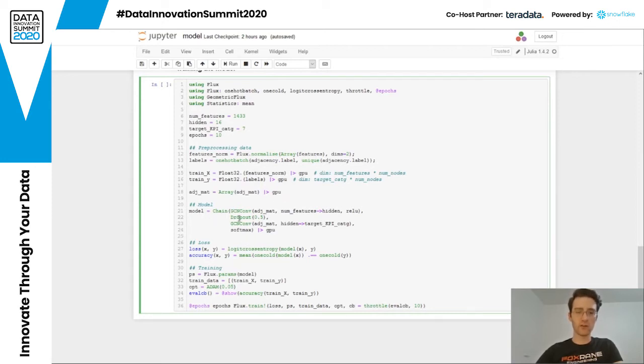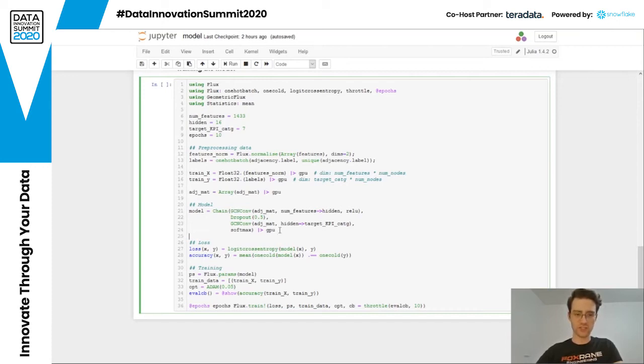And we will be defining the model. This model is very simple. It's not very deep. It's not very impressive. In any case, it consists of a couple of graph convolutional layers separated by a dropout layer and then a softmax on top, so that we can get predictions out of it.